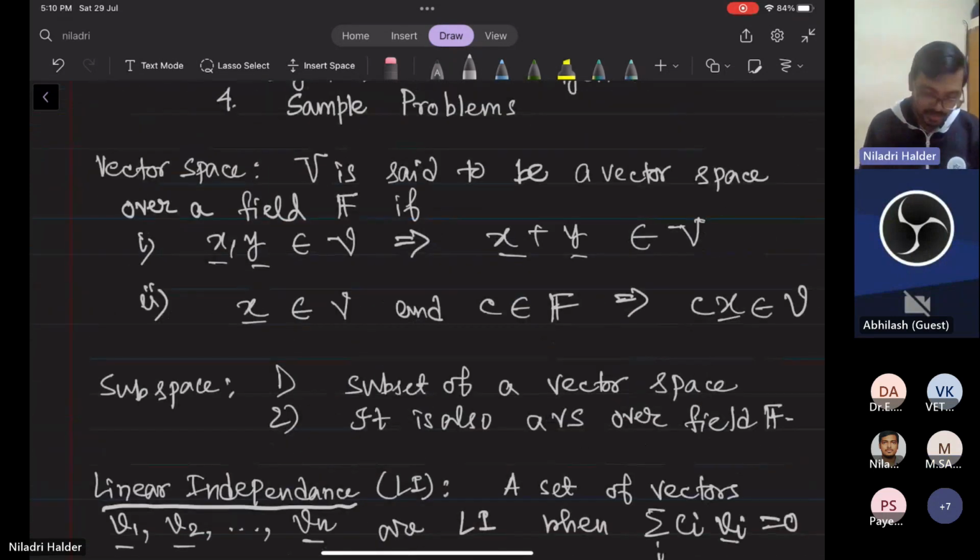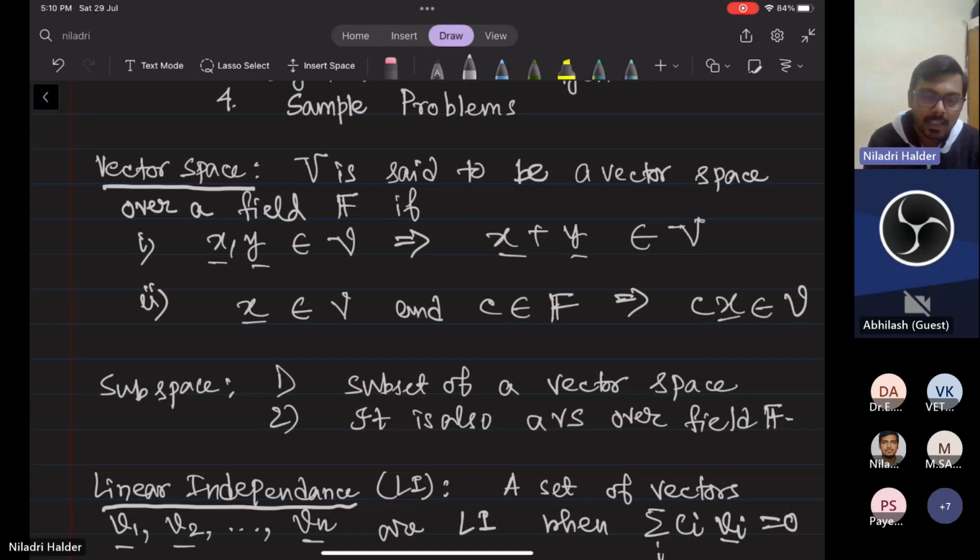Okay, let me revise again. First I taught you about vector space. I said that V is said to be a vector space over a field, where a field means a set of scalars, so the real numbers can also be a field. If these two conditions are satisfied, then V is called a vector space.